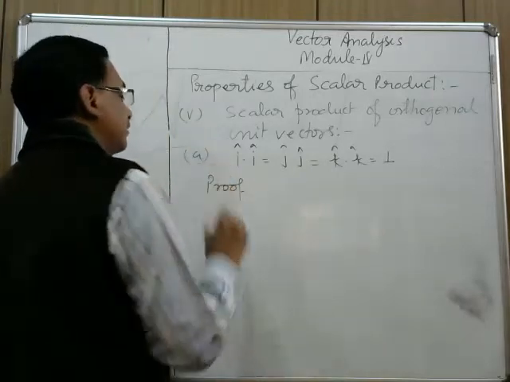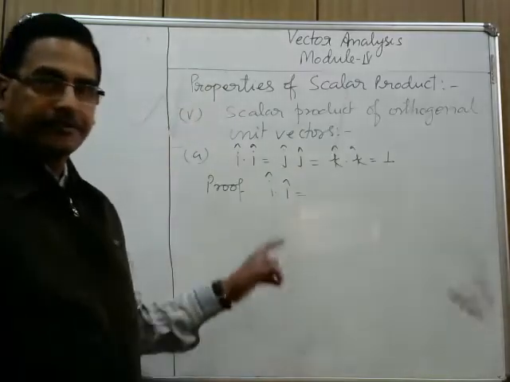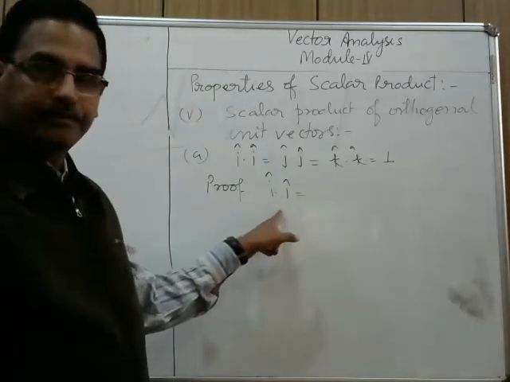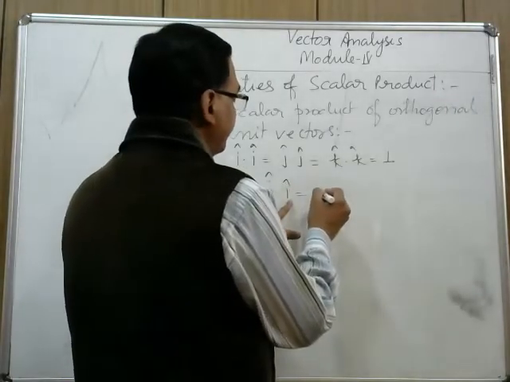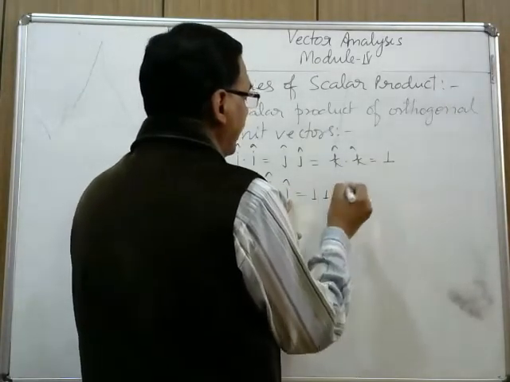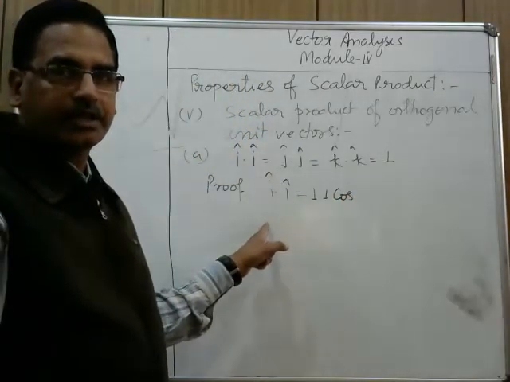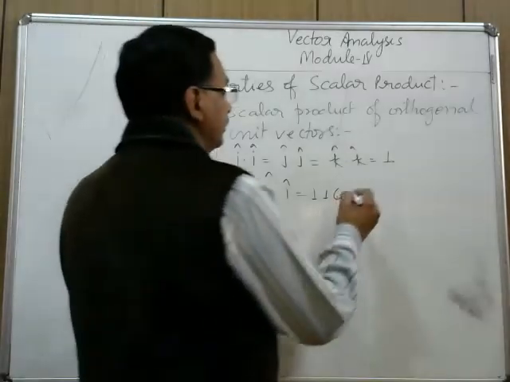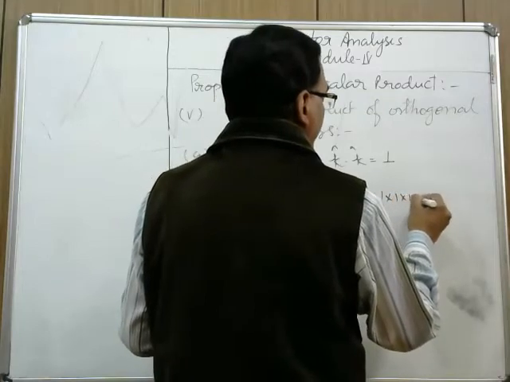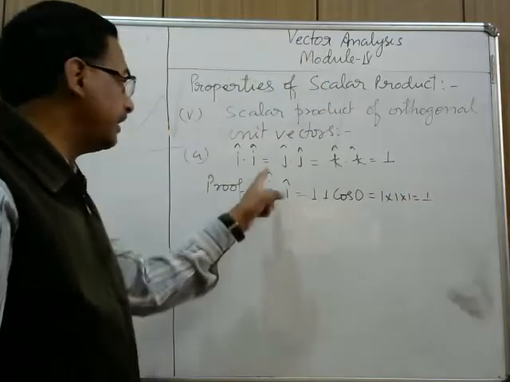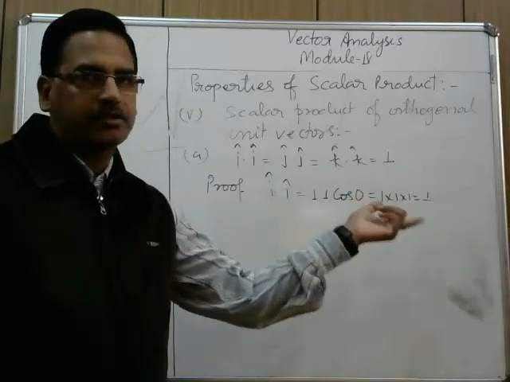For example, if I consider i dot i, by the definition of a scalar product, the magnitude of i is 1, the magnitude of this i is also 1, and cos theta. Since this is the self product of unit vector i cap, therefore this is cos 0, and cos 0 is also 1, so 1 into 1 into 1 equals 1. Similarly, we can prove for j dot j, we will have 1, and k dot k also 1.